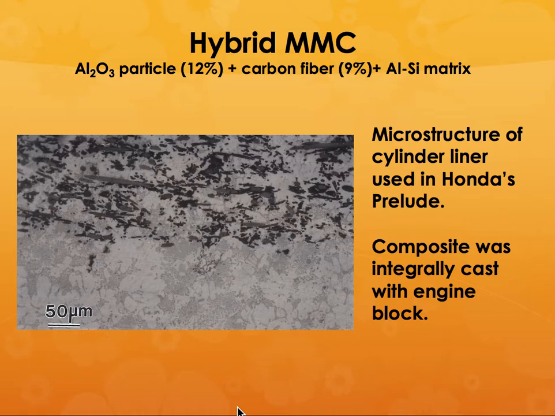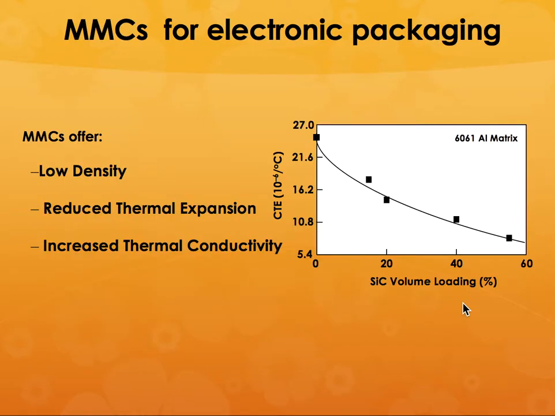So this is a microstructural cross section of this particular material. So you can have this composite integrally cast with the engine block, and it gives you tremendous wear resistance compared to those materials. You can also have metal matrix composites used in electronic packaging, where you can have silicon carbide fibers in an aluminum matrix.